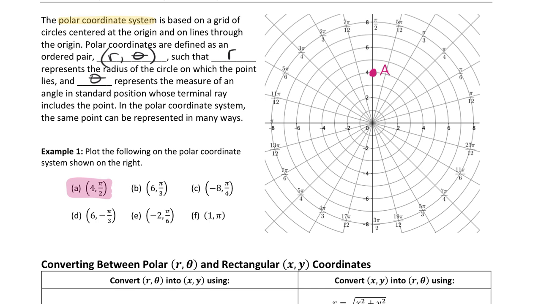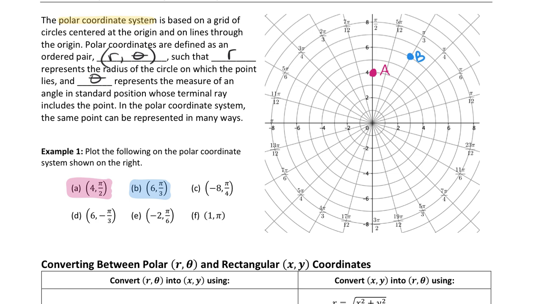So if we're plotting B, which is 6 comma pi over 3, that means we're doing radius 6 and then going around the circle a positive pi over 3. So if you know pi over 3, boom, right here, it's even listed for you. So we're plotting this coordinate point at 6 comma pi over 3. 6 comma pi over 3 would be, not right there. It would be here. Do we follow?